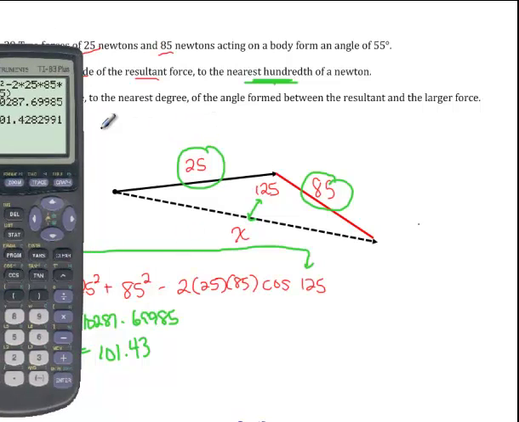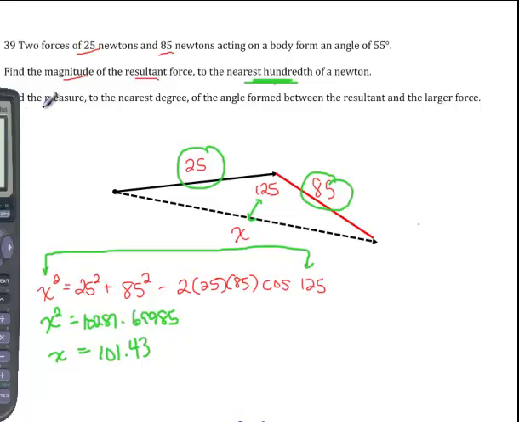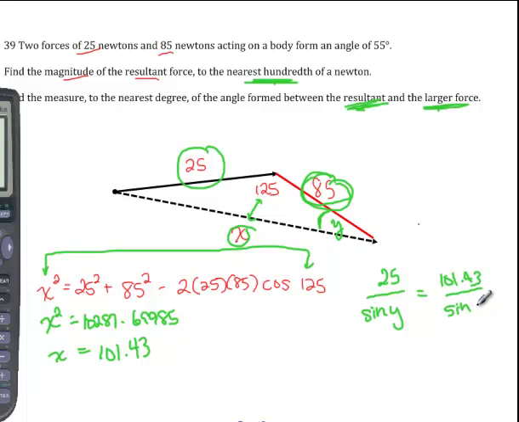Now, what else do they want me to find? Find the measure of the nearest degree of the angle formed between the resultant and the larger force. Well, here's my larger force. Here's my resultant. So they're asking me to find this angle right here, which we'll call y. This one I'll do law of sines with. 25 is to the sine of y as 101.43, the resultant, is to the sine of 125.